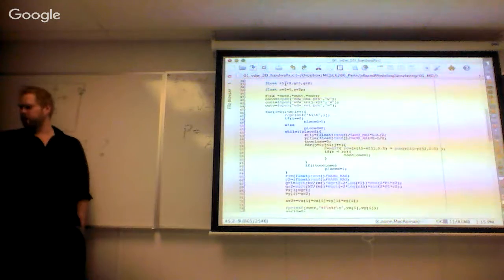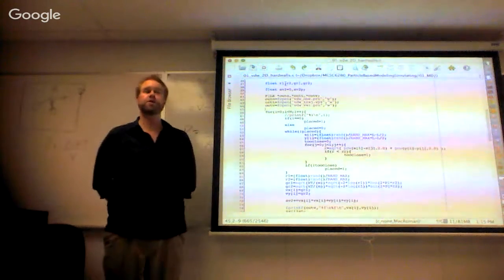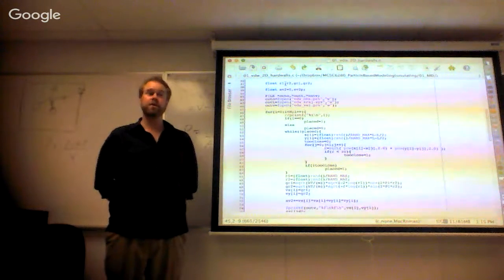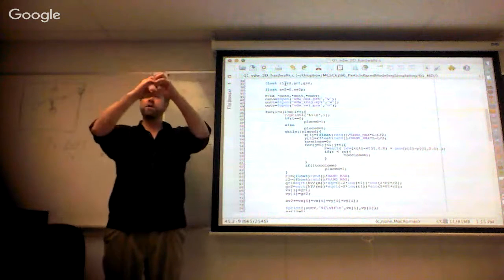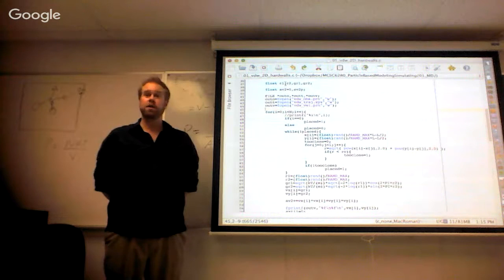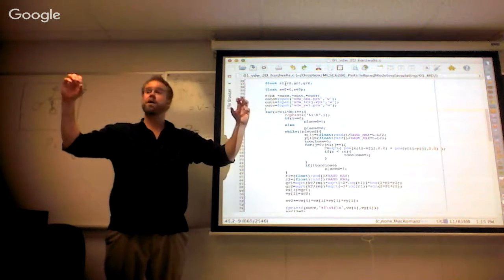Now, when I go to initialize the system, remember what I did with the ideal gas. I could just throw particles anywhere within the box. Well, what's going to happen now if I throw two particles that have a huge overlap with each other? There's going to be a giant repulsive force at the very beginning of the simulation.